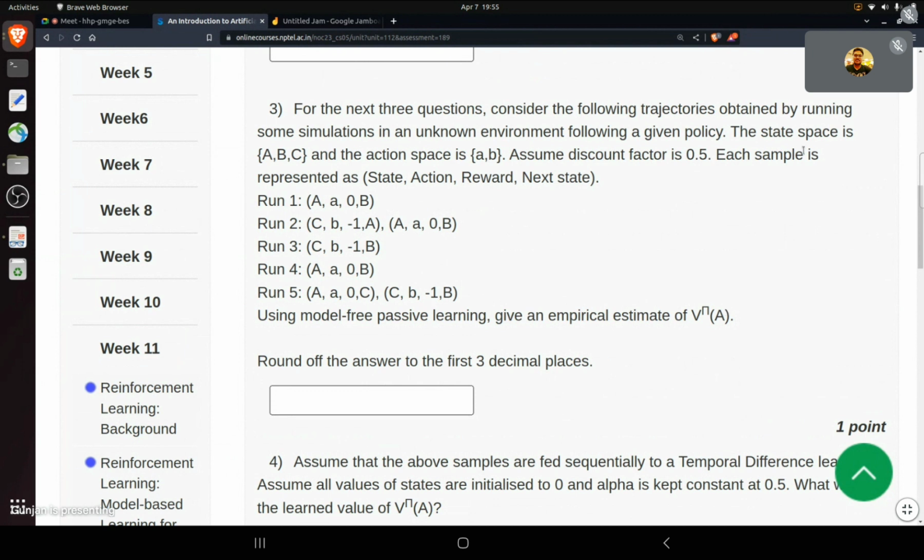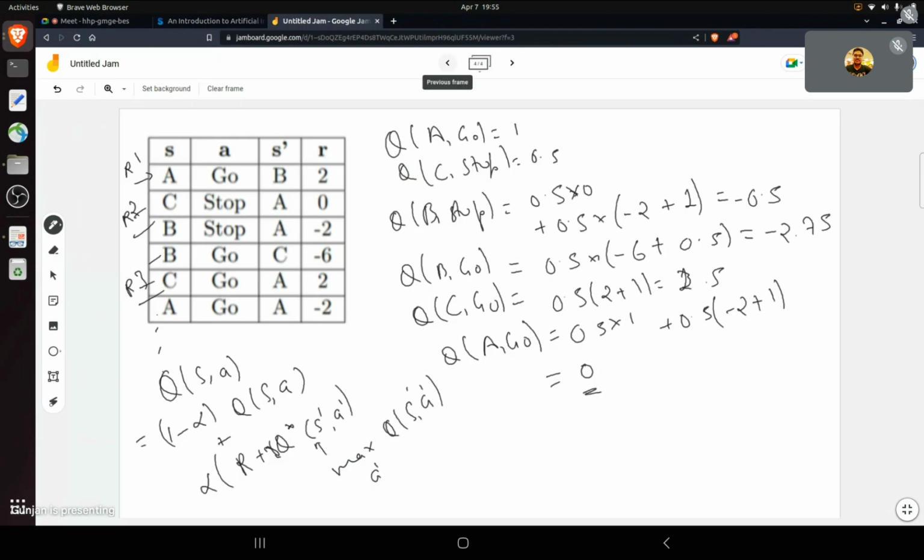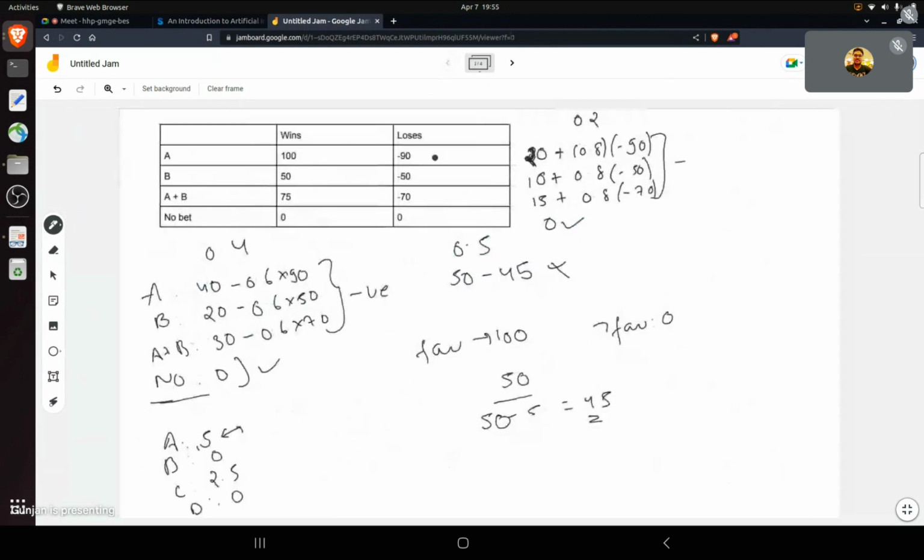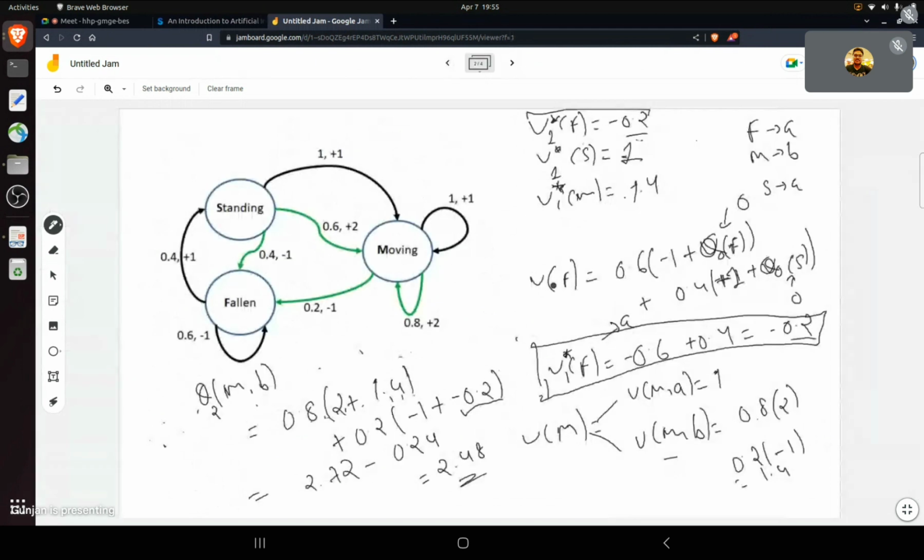This is something that we did when we started this lecture, right? I hope you remember that equation. So V of a state S will be the summation over all the actions and the transition probability P(S, A, S dash) times the reward plus gamma times the max over A dash of Q star(S dash, A dash).